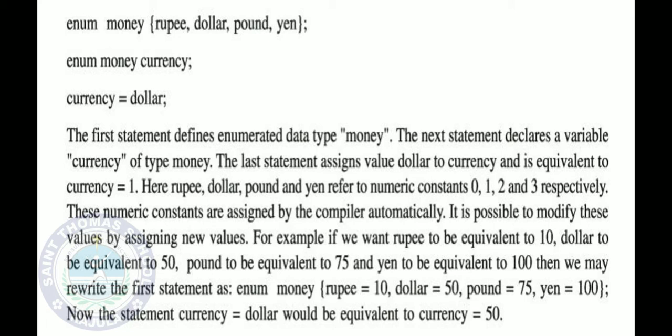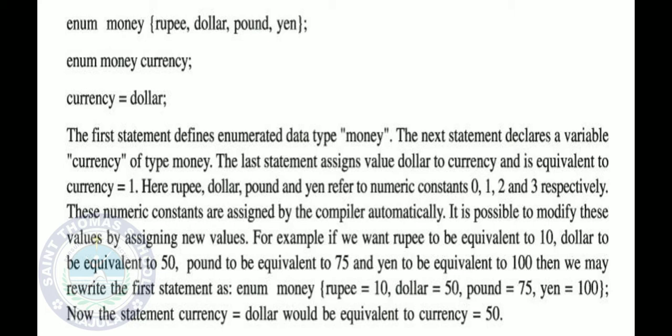So first we have declared the data type and now with the help of that data type we have given the variable that is of type money. And the last statement assigns the value dollar to currency and it is equivalent to currency equals 1. So here rupee, dollar, pound and yen refer to numeric constants 0, 1, 2 and 3 respectively.